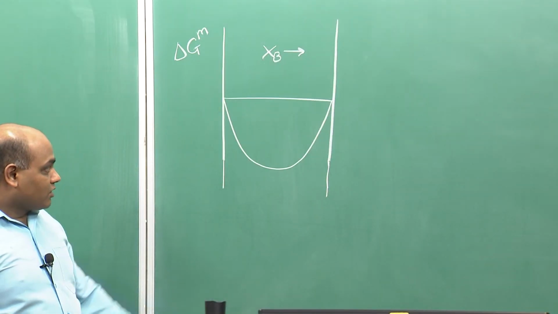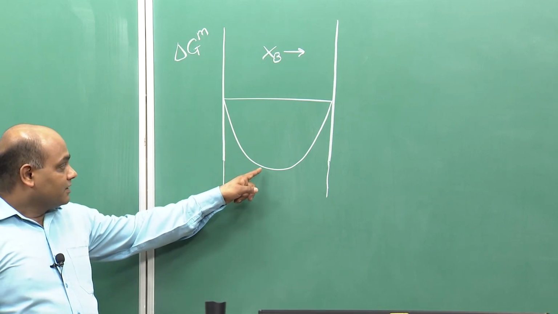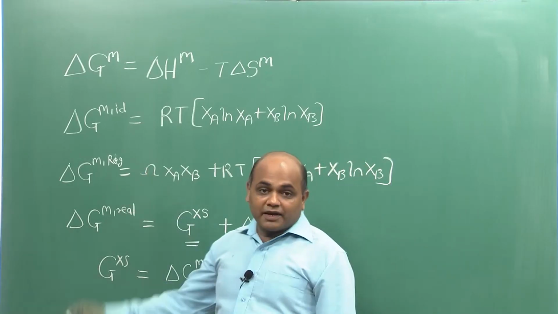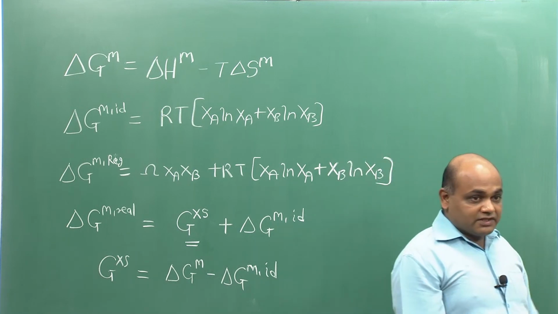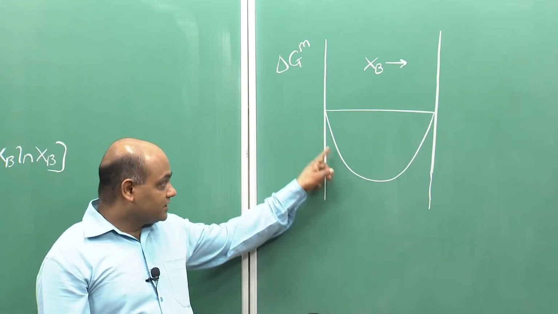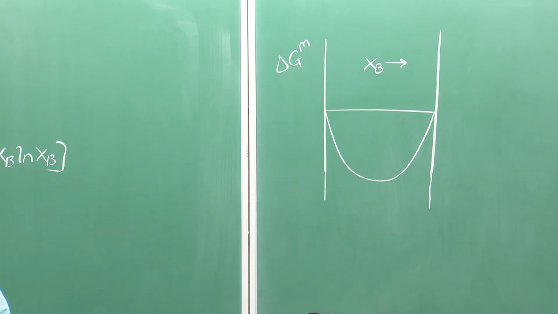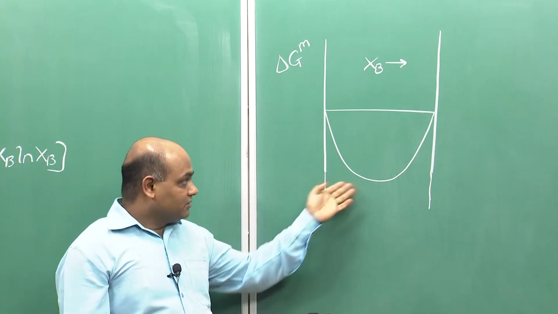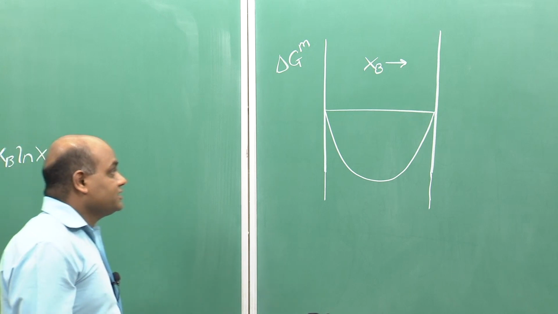Now, I have drawn this curve to be symmetric, because I am assuming constant value of omega, but this omega may change as a function of composition, in which case the curve will not be symmetric. Okay, but for simplicity, let us just work with the symmetric curves of delta Gm versus xb.